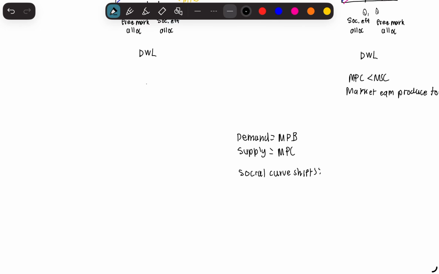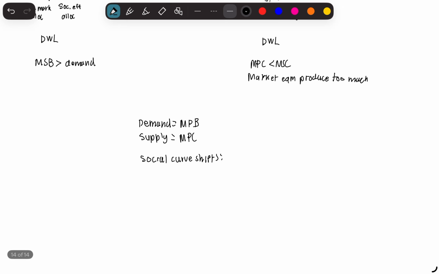So when you have your MSB that is greater than your demand, that is a positive externality. MSC is above your supply, that is your negative externality.